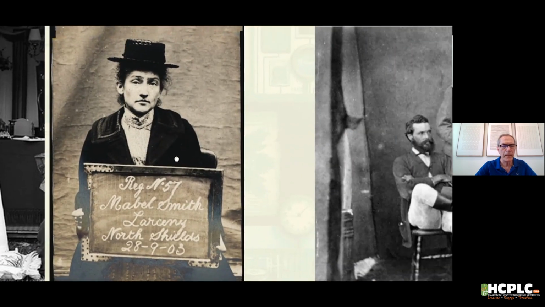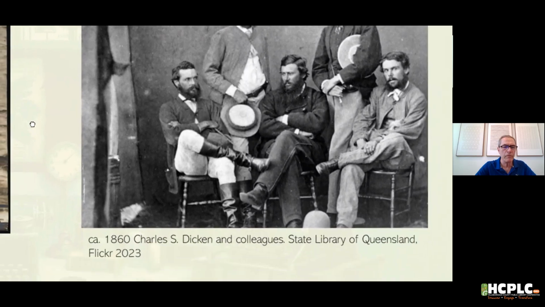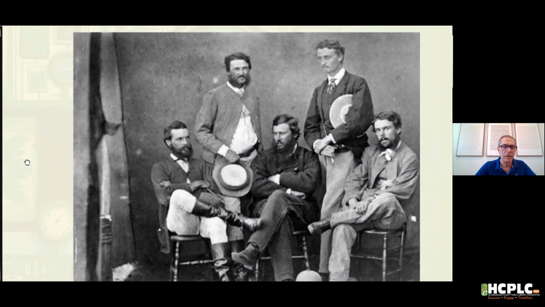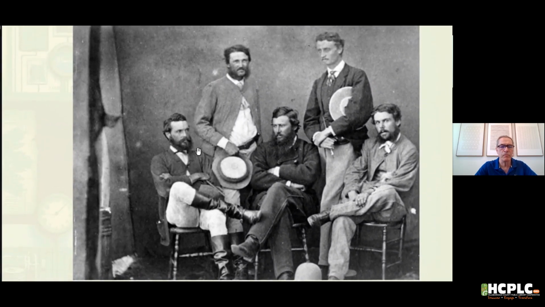And equally, here's a photograph from 1860, and it's from a guy called Charles Dickens, not the writer Charles Dickens, but I wanted to show you this because here's a group of men and they're all wearing almost completely different clothing. But we probably could still date this photograph from the clothing by the type of tie that people are wearing, the types of hats, and maybe the chairs.